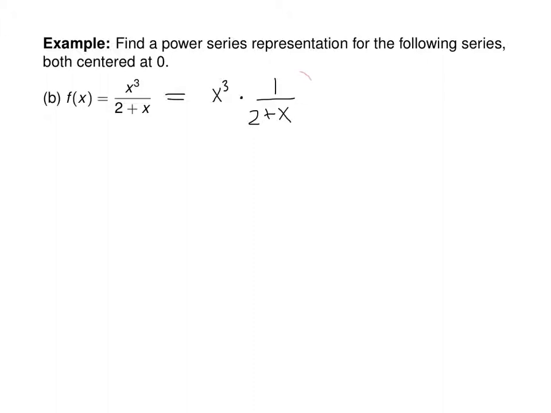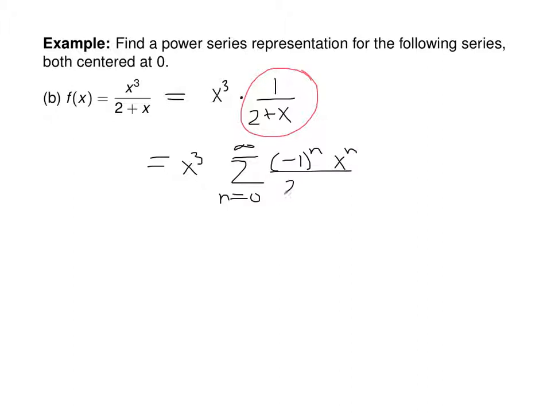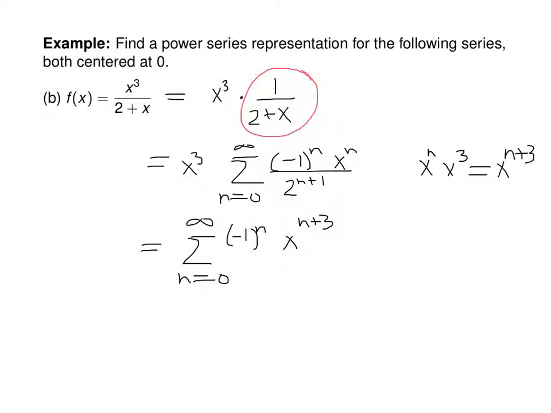So what I can do is take the series I found for 1 over 2 plus x in the previous example, which was the sum from n equals 0 to infinity, -1 to the n, x to the n, over 2 to the n plus first, and I can multiply the x cubed through, which gives me a sum from n equals 0 to infinity, -1 to the n, x to the n plus 3, because x to the n times x to the third, the exponents add, all over 2 to the n plus first.